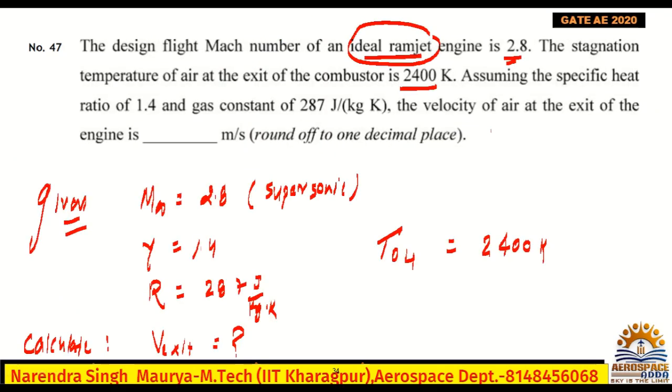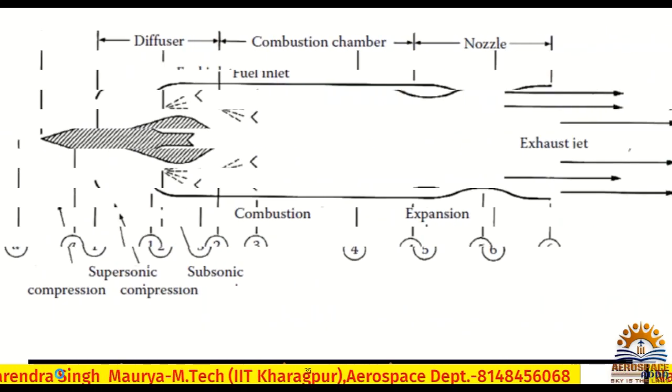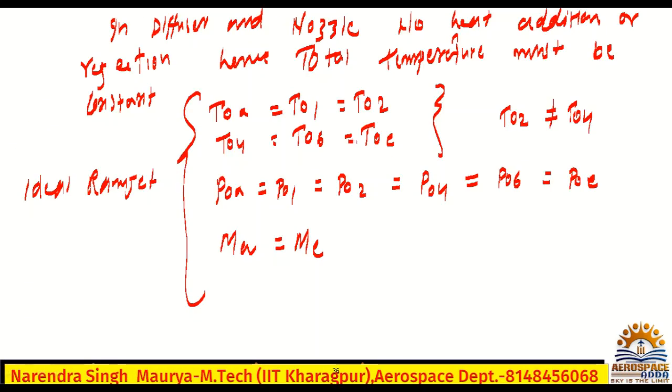Now they are asking for the velocity of air at the exit of the engine. We will use the concept that they have given the total temperature T04, the exit of the combustion chamber. T04 is equal to T06, and T06 is equal to T0E.